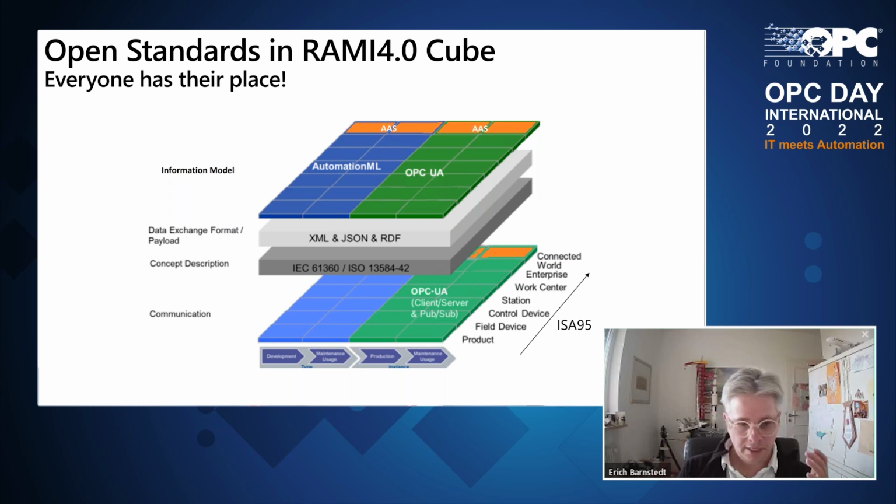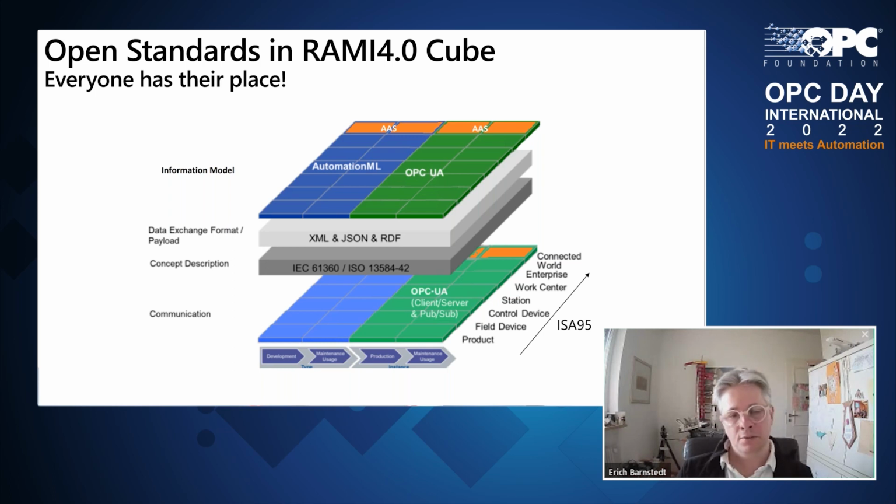So for the engineering phase of an asset, AutomationML is the recommended standard. For the operational piece, the maintenance, the life cycle of an asset, it's OPC UA. And then when you're communicating data, they have the ISO 95 pyramid on the Z-axis here.